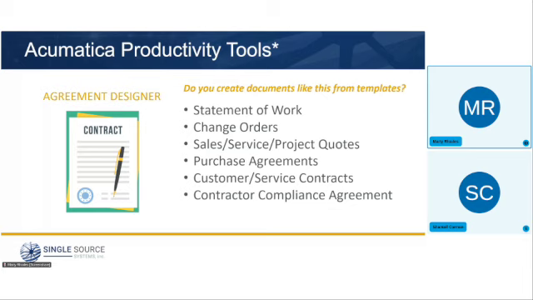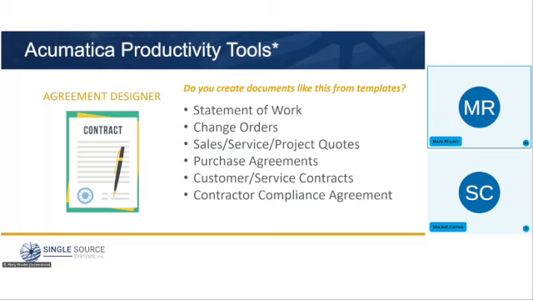With the Agreement Designer, you can define reusable sections of content, such as a disclaimer copy, a warranty definition, any type of legal language or scope of work definition, for example. And then you assemble these sections into a reusable template that can then be associated with transactional documents or profile records within Acumatica.